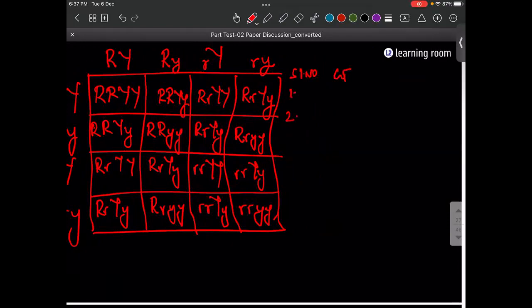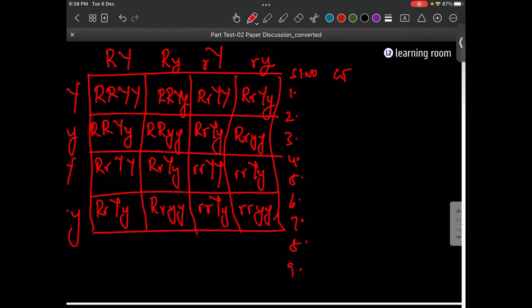Now, how many genotypes did you get? Nine genotypes. You must have got nine genotypes. Okay, tell me.